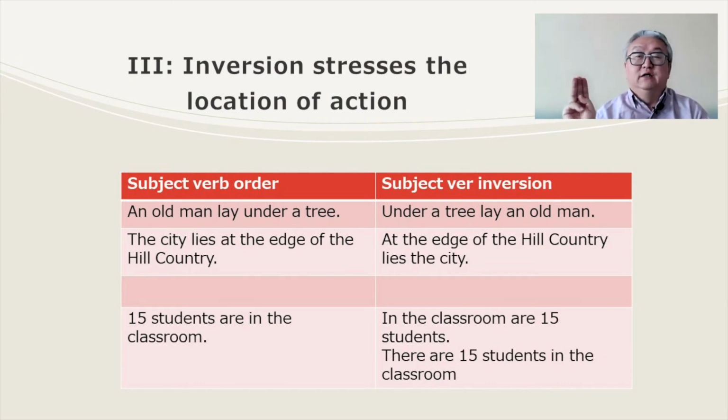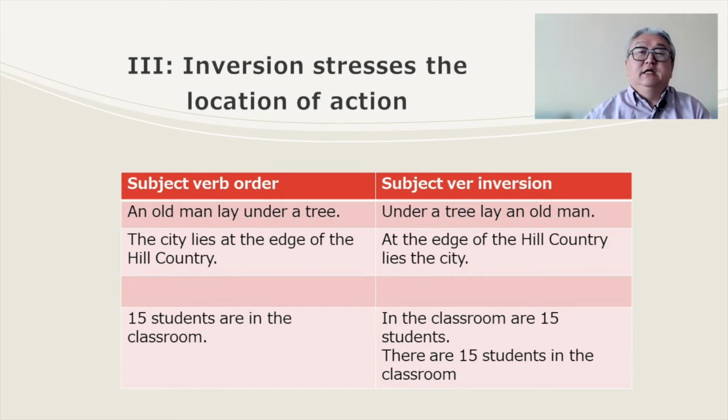Under a tree. So it's 1, 2, 3. But if you want to talk about where first, you start with under a tree. Answer, where? Under a tree. Action, lay. Who? An old man. So that's how you invert your sentence order, because you started with a prepositional phrase reporting the location of the action first.